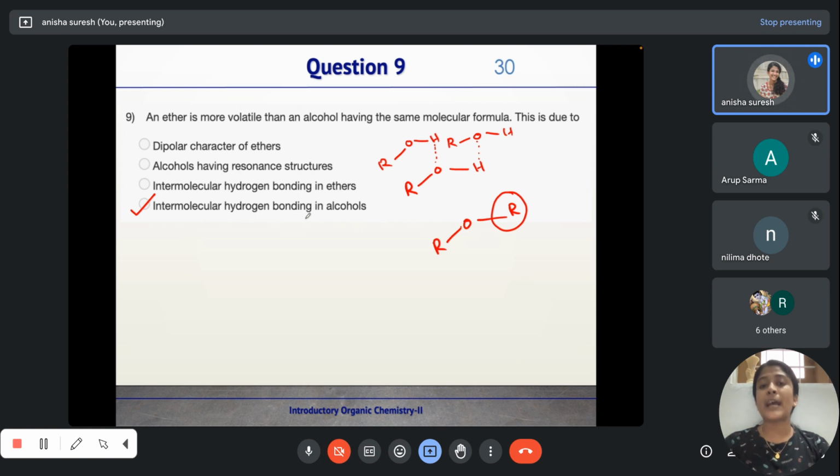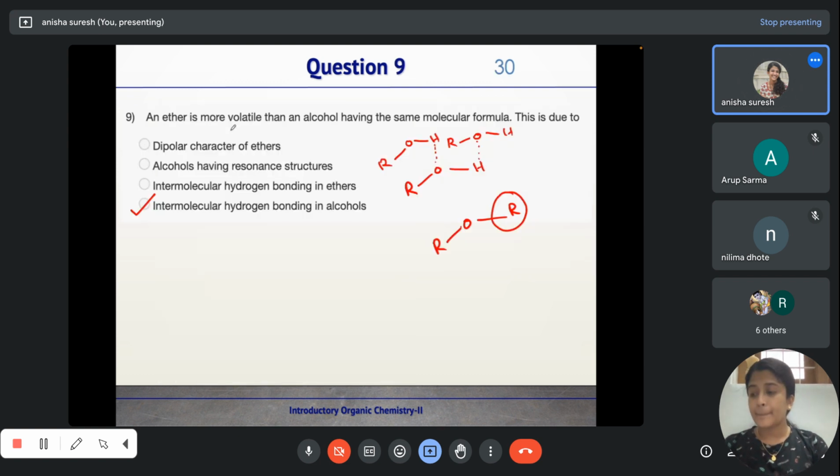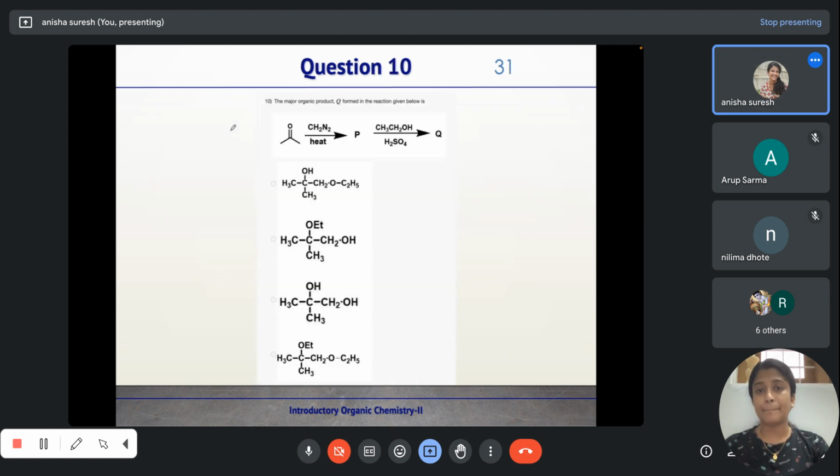So the intermolecular hydrogen bonding in alcohols is why ether is more volatile than an alcohol. Any doubts? Hope this is clear.